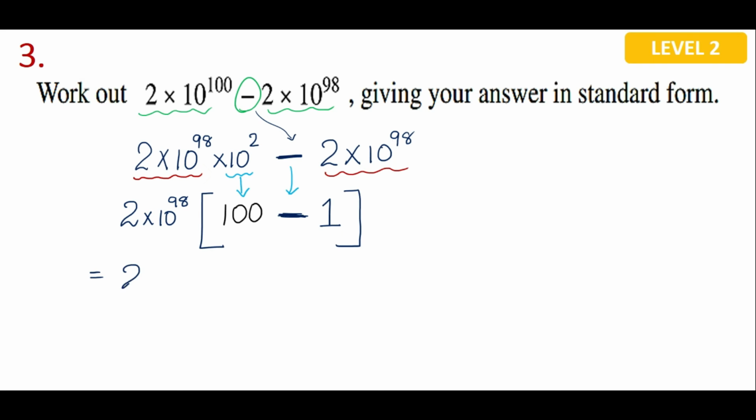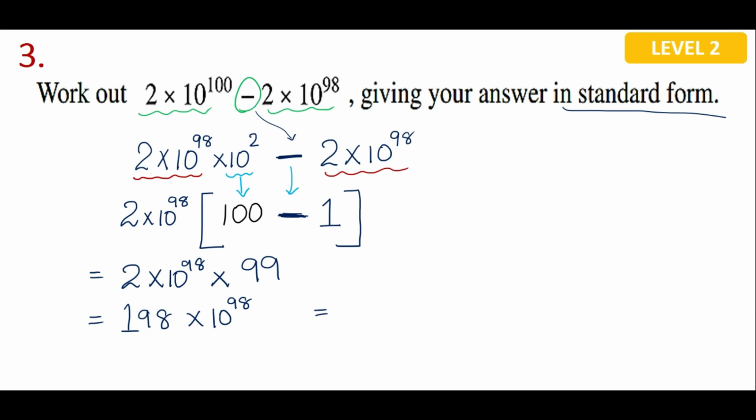So this is going to be 2 times 10 to the power of 98 multiplied by 100 minus 1 is 99. So you have 2 times 99, which is 198 times 10 to the power of 98. Your answer should be in standard form, and here this term is not less than 10.